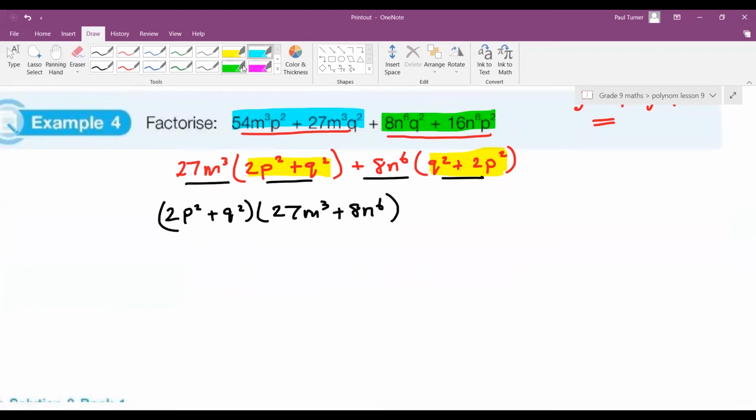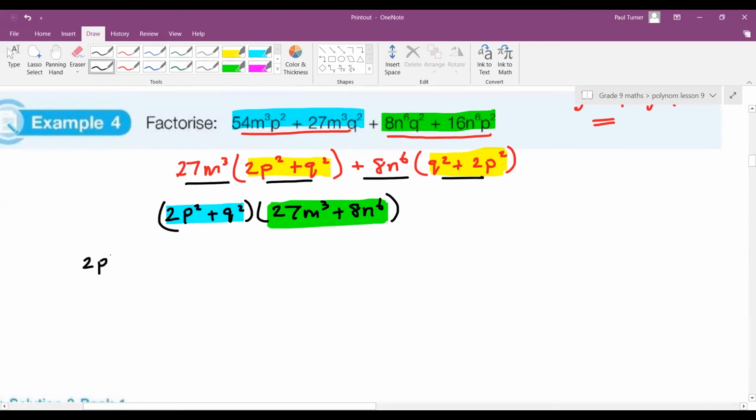So this one's basically finished. There's nothing else to do here. But the second one, you can see now that we can do something with this green one. So let's factorize this.